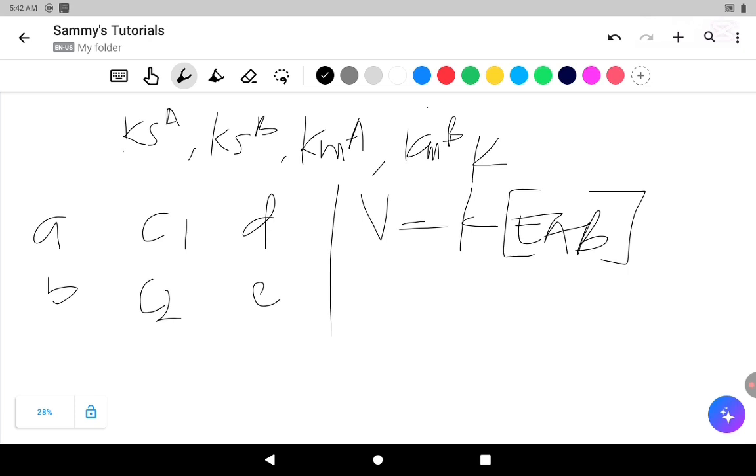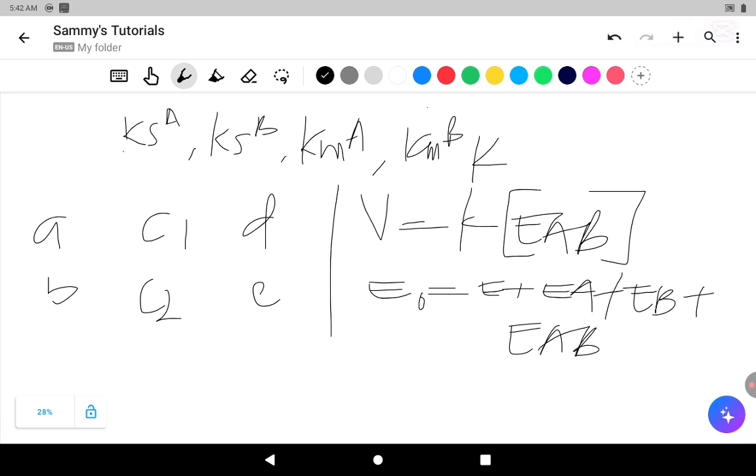The second reference equation is this. The law of conservation of enzyme active site, which states that the total enzyme E0 is equal to the free enzyme plus the enzyme bound to A plus the enzyme bound to B, plus the ternary complex EAB. Okay?